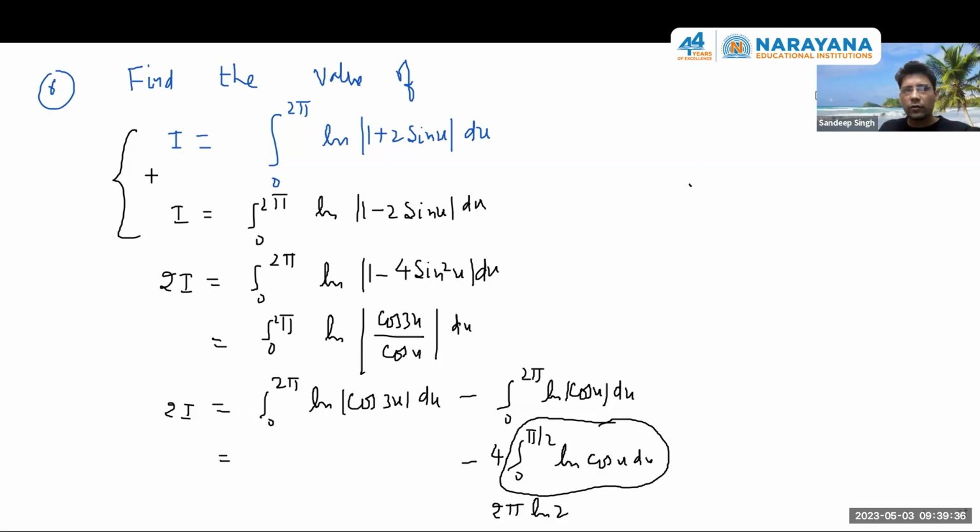So I shall write 3x equal to t. So this limit will vary from 0 to 6 pi. Ln of cosine of t mod, and dx will become dt by 3. So value is 0. See, in fact, there is no need to write the value also.